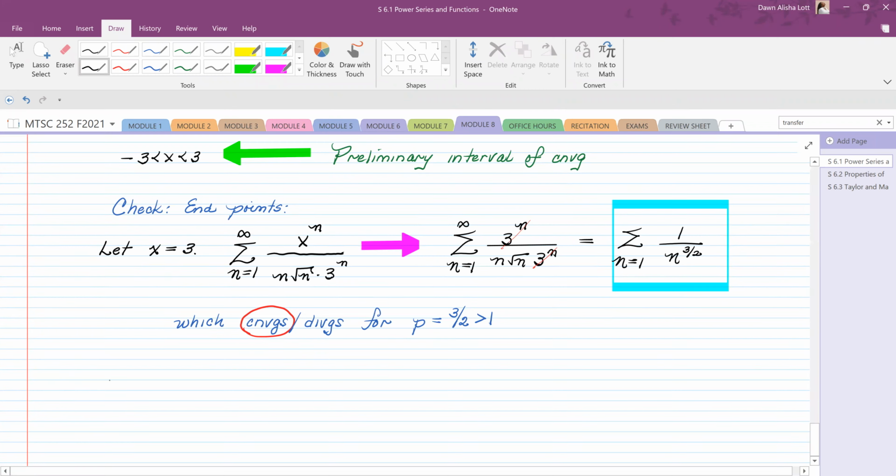All right, now let x equal -3. Then you get the same series.